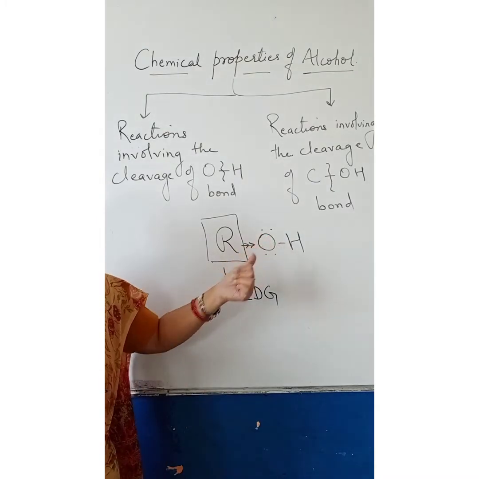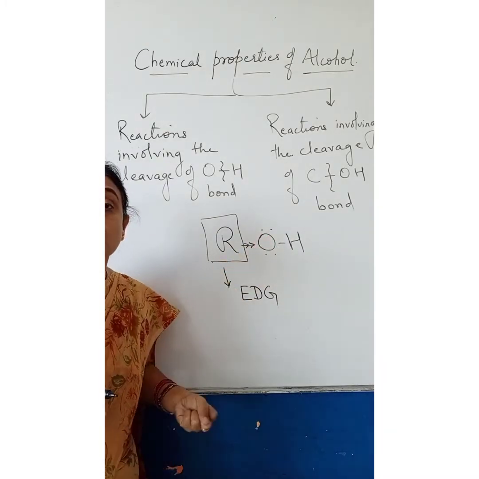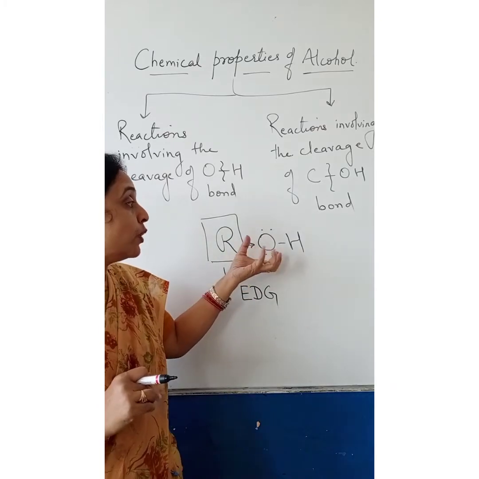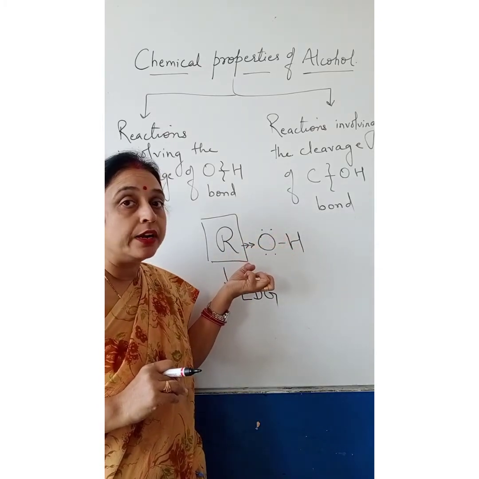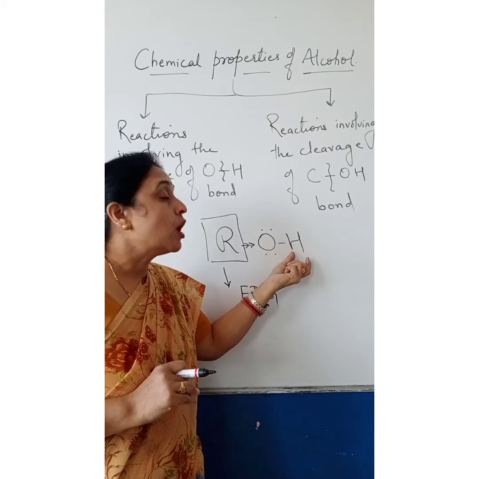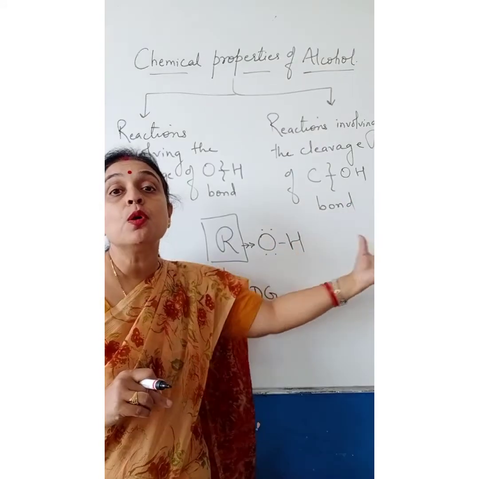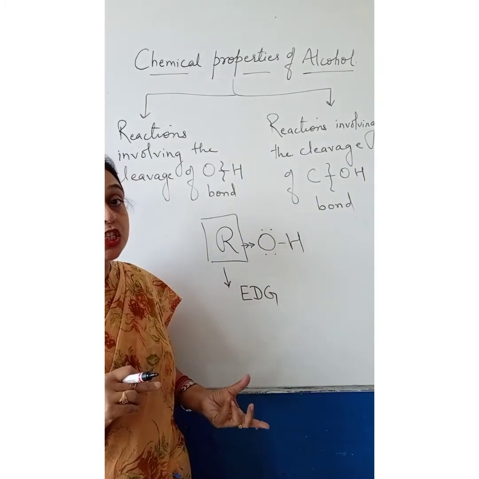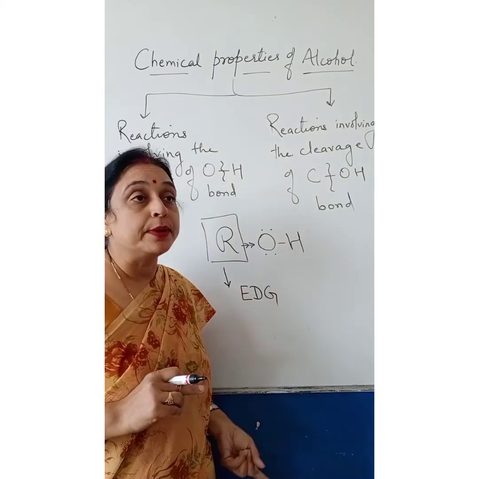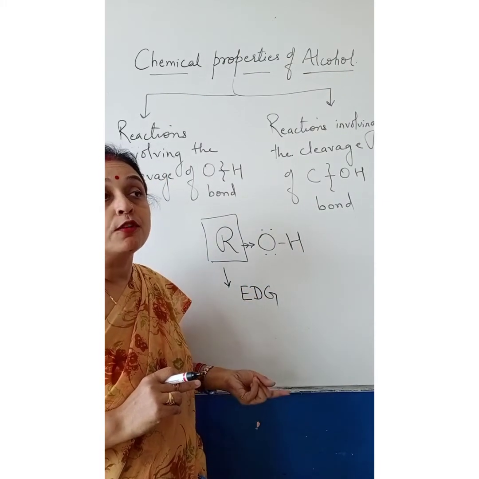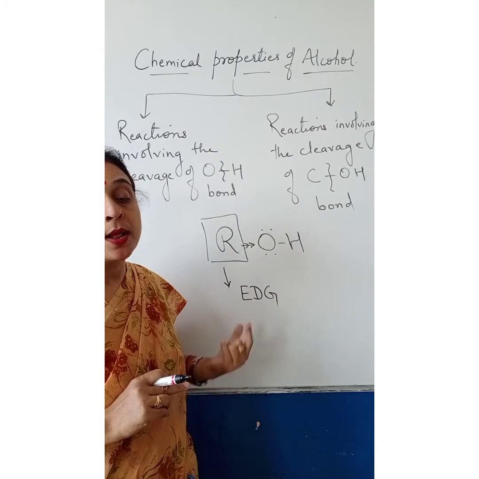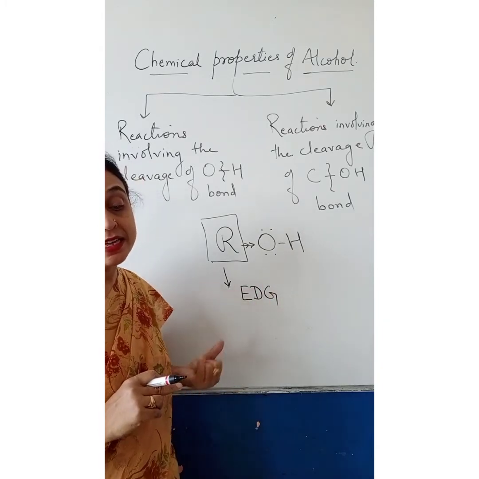The oxygen here is rich in electrons. So it will tightly hold the hydrogen towards itself, not allowing the hydrogen to go. So in such a situation, what will happen to the acid character of this particular compound? Acid character will decrease.